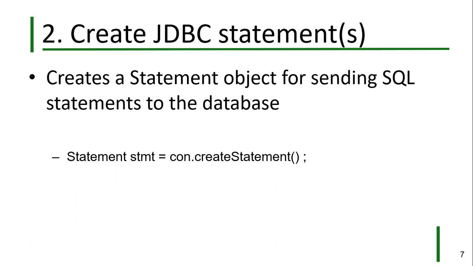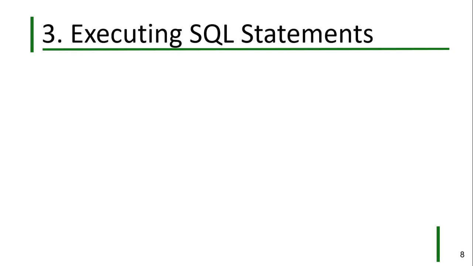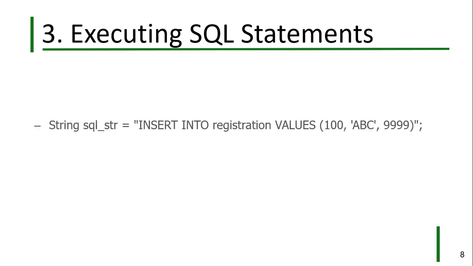It will create a statement, and with its object we can execute the SQL statement. For example, we need to insert data in a registration table. So we have created a string variable, sql_str.